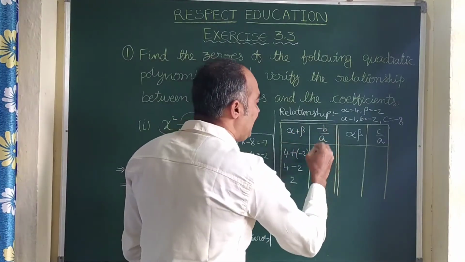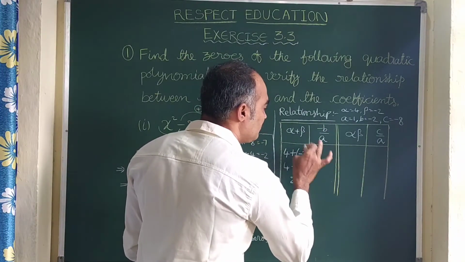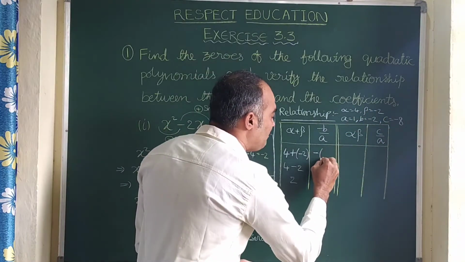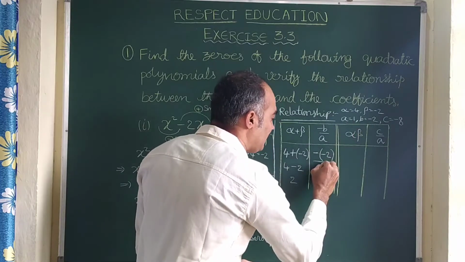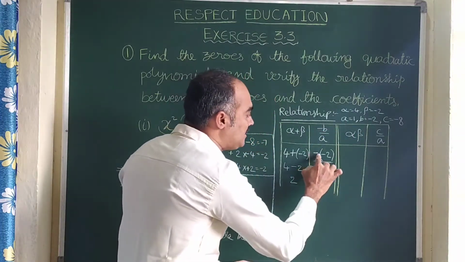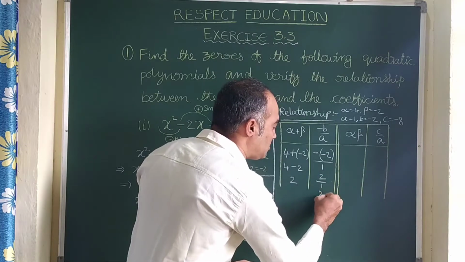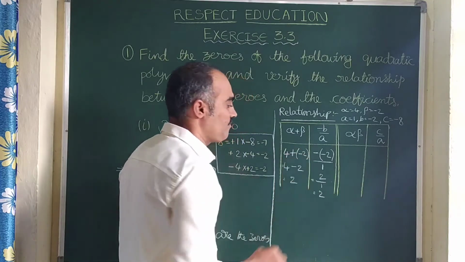Minus b by a, this minus is minus, b is minus 2 here. So I am maintaining one more bracket, that is minus 2 by a, a is 1. Minus into minus is plus 2, 2 by 1 can be written as 2.